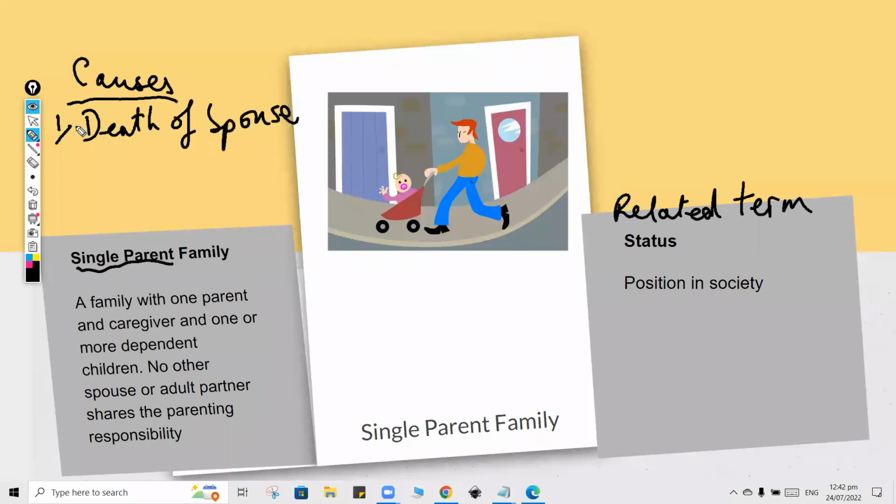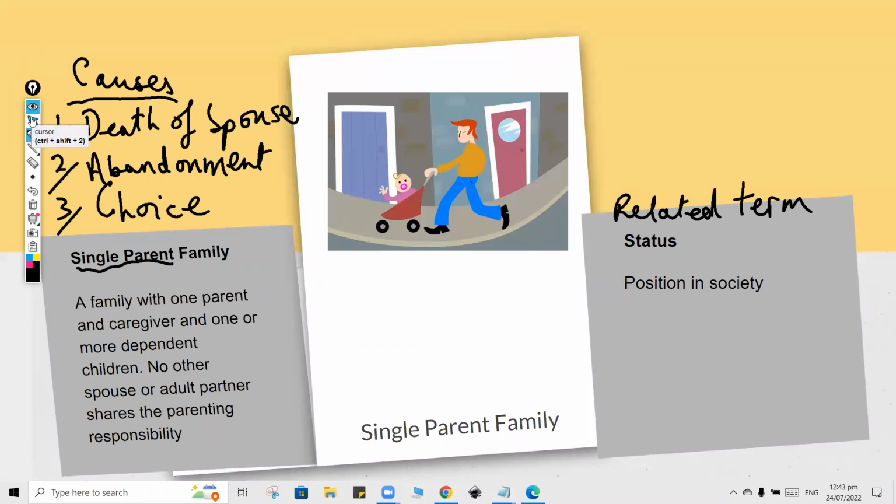Another could be abandonment by a spouse or partner. And there is the possibility of choice, right? Someone could choose to have a child on their own, although society seems to be scandalized by that when people do it, but it is possible, right? That a single parent family could be the result of a mother or a father making a choice.